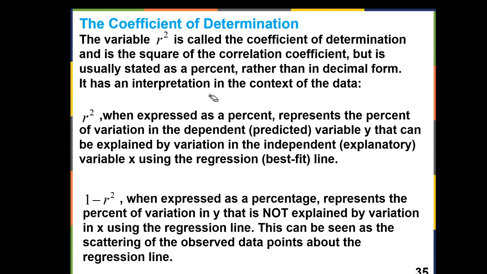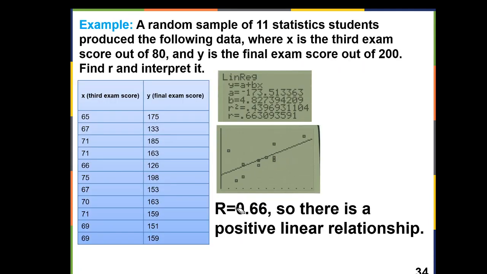Now, the coefficient of determination is something else that we're going to talk about. The coefficient of determination says this. For example, if somebody makes this much on the final exam, now I want to know the reason that student actually made that score.